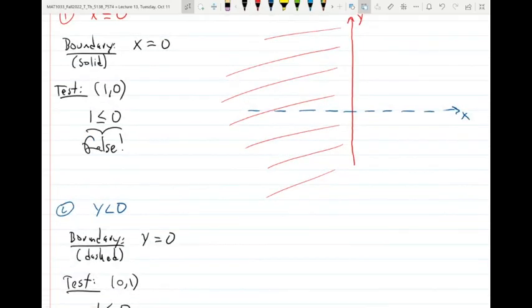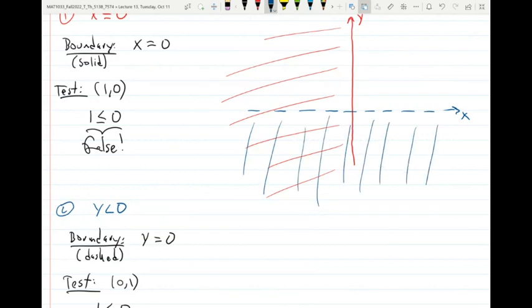That means above is not good, so it has to be below. And now, hopefully, you agree that the two shadings overlap in quadrant 3. The blue and the red shadings, this is the region that they have in common. Quadrant 3. So that's the solution.